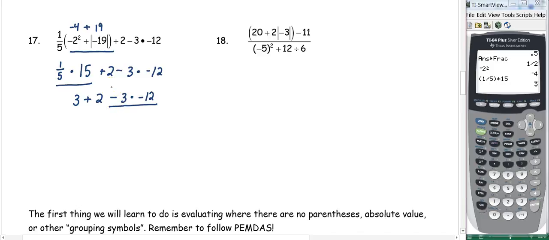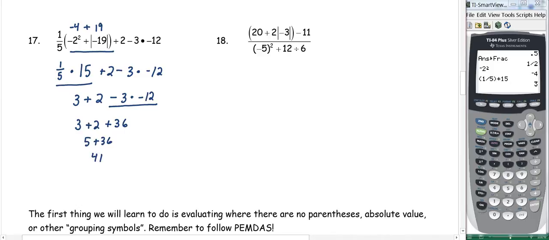We're going to keep that sign with the number. So we get 3 plus 2, negative 3 times negative 12 is positive 36. And then we have 3 plus 2 is 5, plus 36 gets us 41.